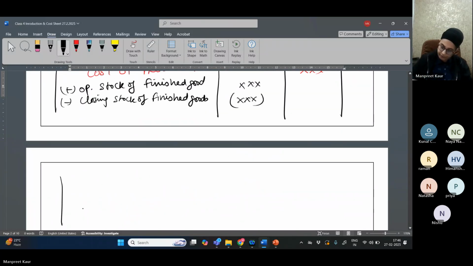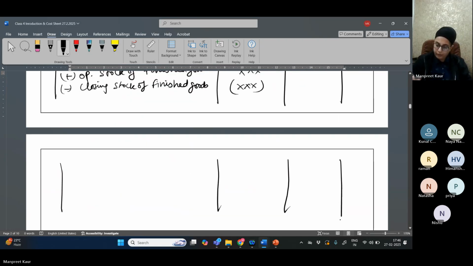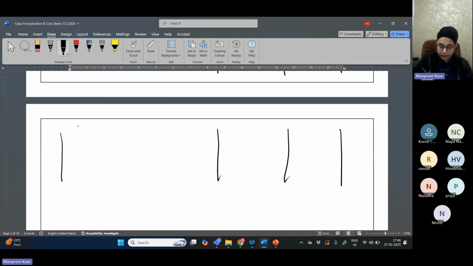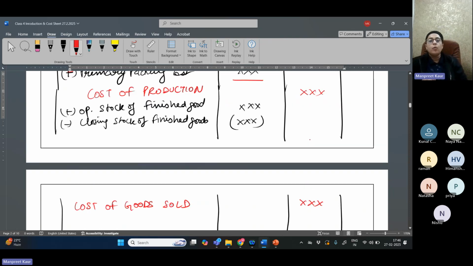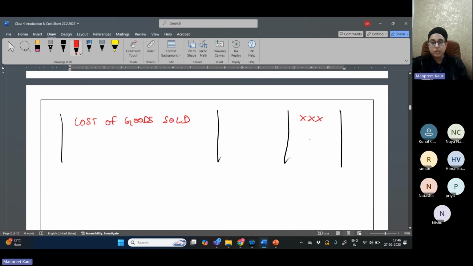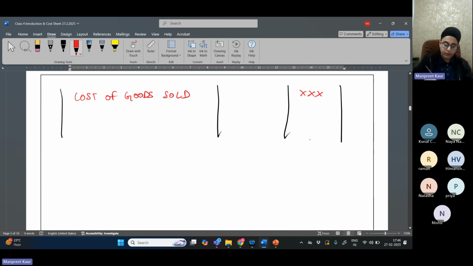Now we will get the cost of goods sold after the adjustment of opening and closing stock of FG in the cost of production.